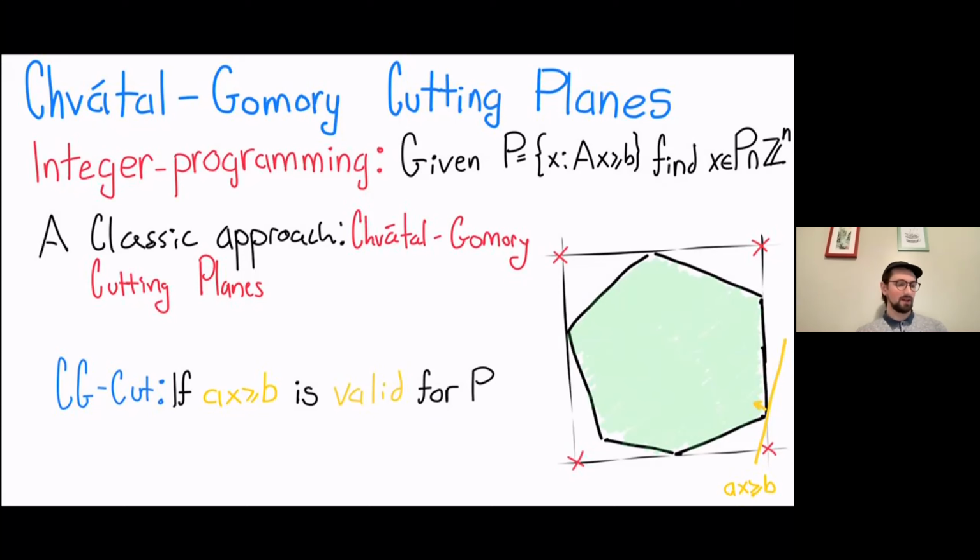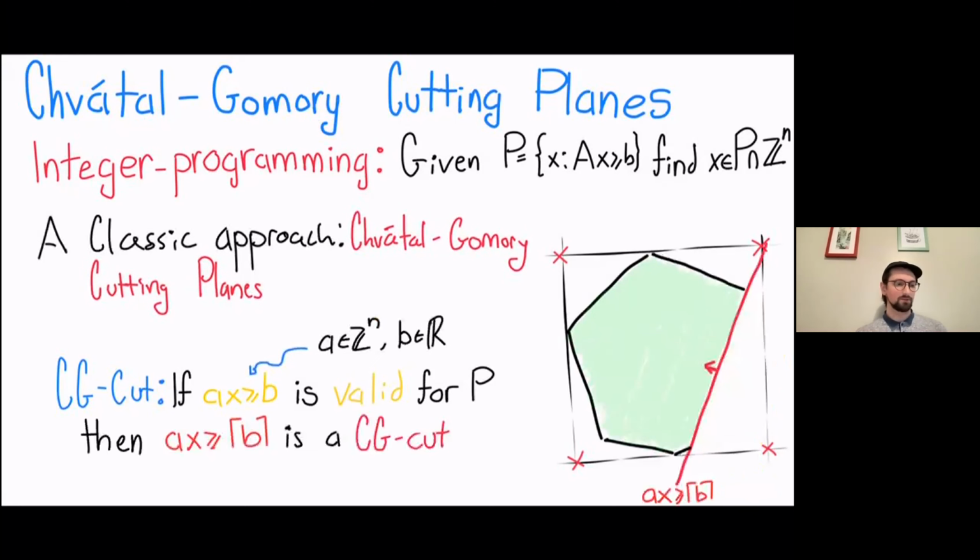We're going to assume that A is integral, but b can be rational or real. A CG cut is obtained from this valid half space by just rounding it. We take the ceiling of the right-hand side and push the half space in. This rules out some fractional solutions, but maintains integer solutions.